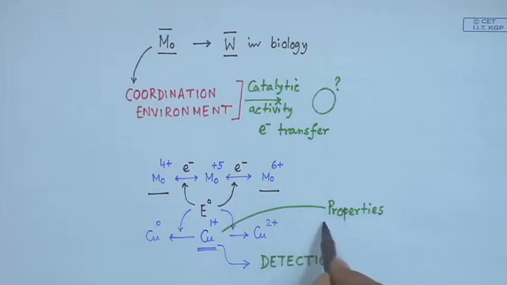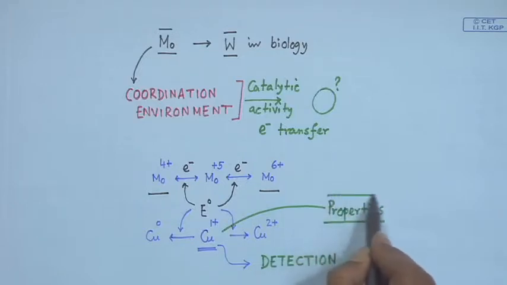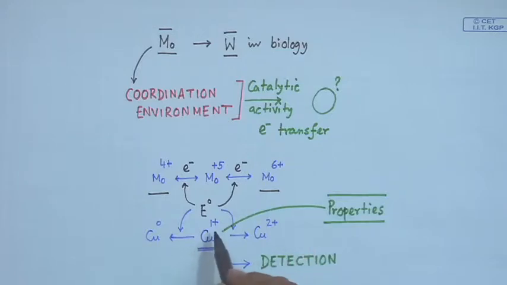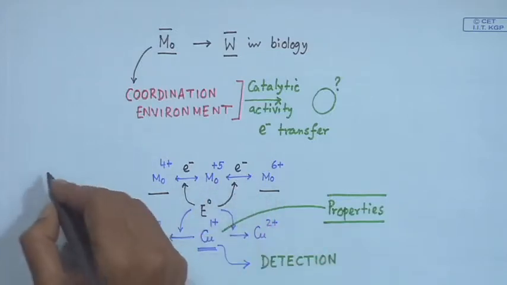Some physical technique, some spectroscopic technique or magnetic properties are available which can nicely detect the presence of copper in the cuprous form.